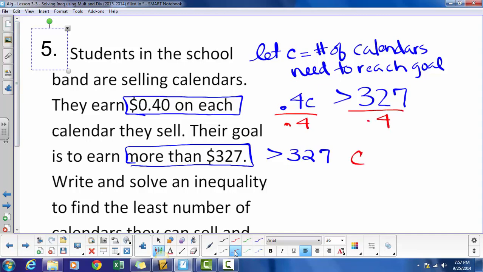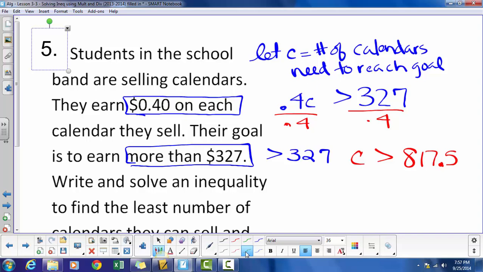So C must be greater than, grab a calculator, 327 divided by 0.4 equals 817.5. Now I have a question. Can you sell half a calendar? Hey, I'm going to sell you half this calendar. It just has January through June in there.